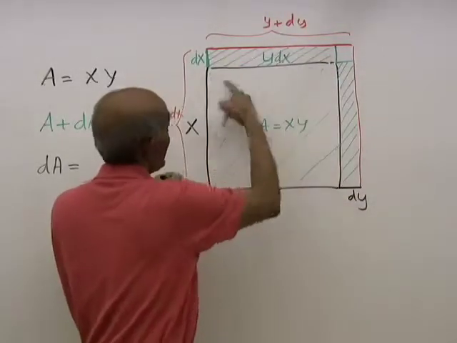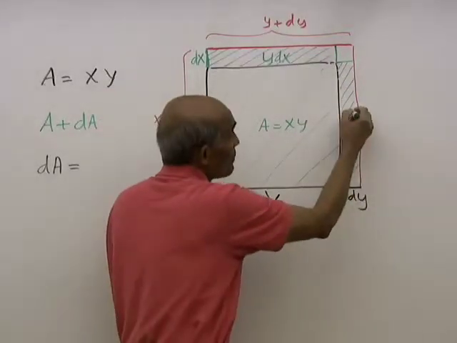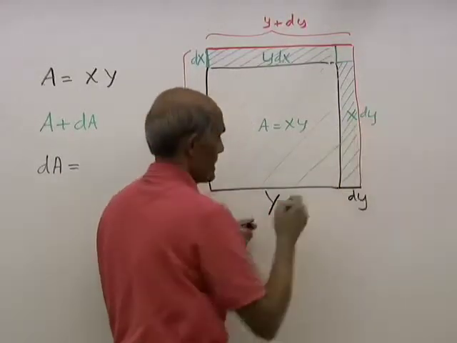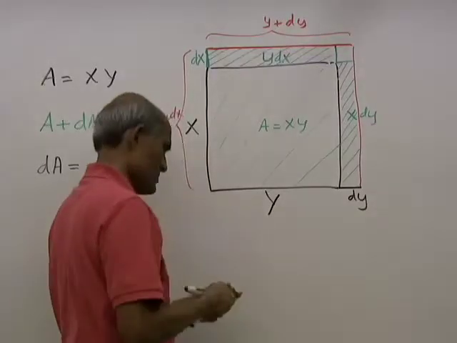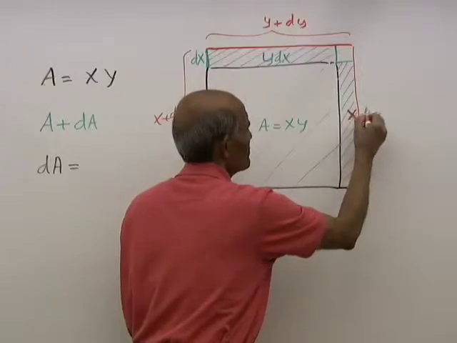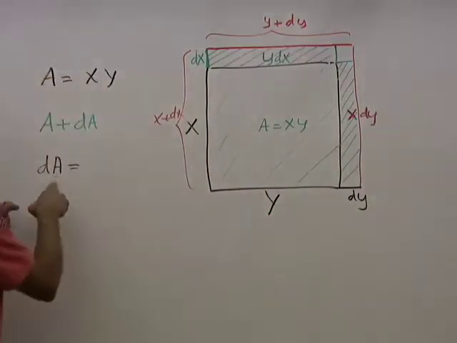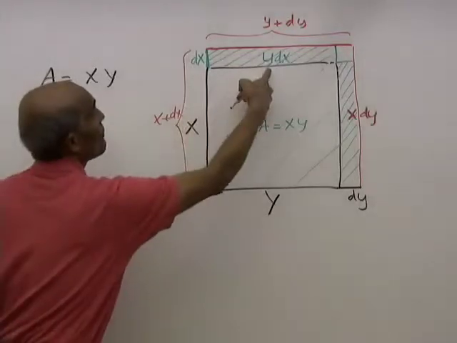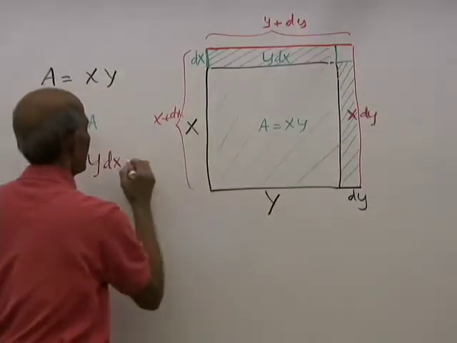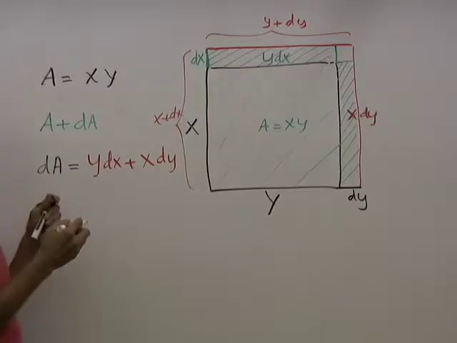The length is x, this is x, and this is dy. Therefore, this area is x times dy. So, this dA is made up of y times dx plus x times dy. Is that all?